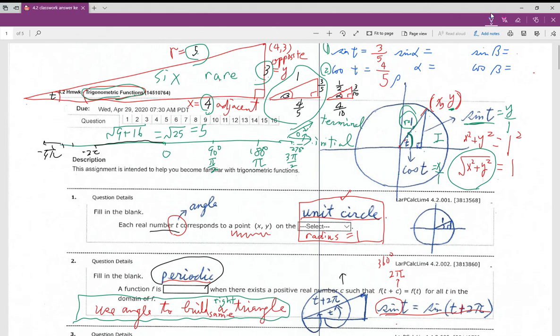Sine beta will be 3/5, opposite divided by radius. Divided by 1, it's just the same thing, 3/5. And the cosine beta, by the definition, is adjacent divided by radius, so it is 4/5. Do you see? They have the same answer here, 3/5 and 4/5. That's one thing very special.